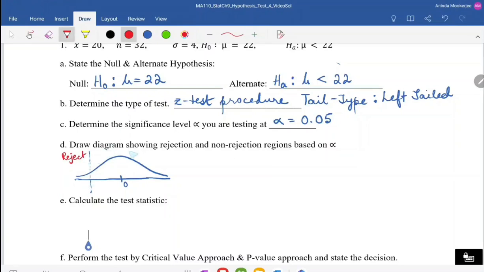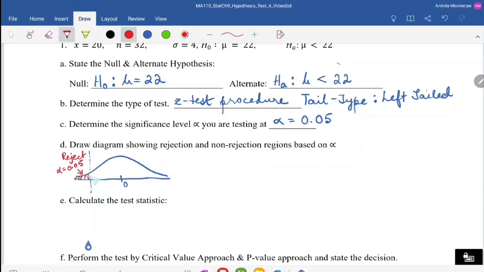And we also know that the area under the curve associated with the reject region is the significance level alpha value, which is 0.05.